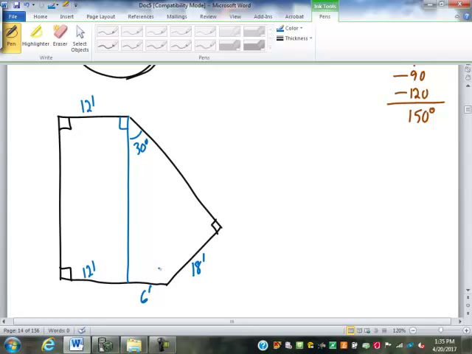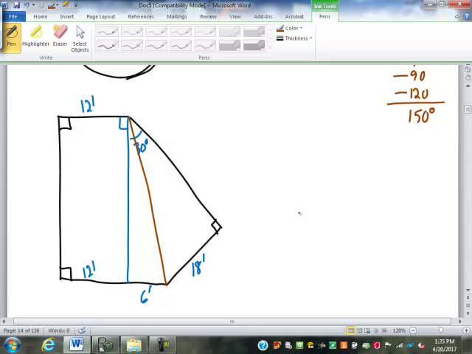Now what? Well, not in half, but we can make a triangle on the right side, because there's a right triangle. You can cut it here. Okay, what do we know about that one?